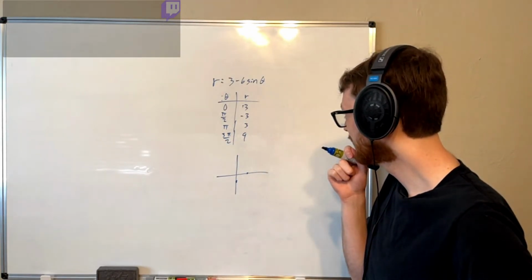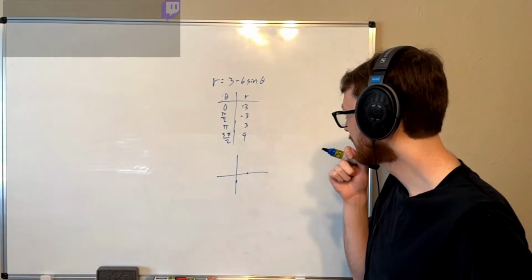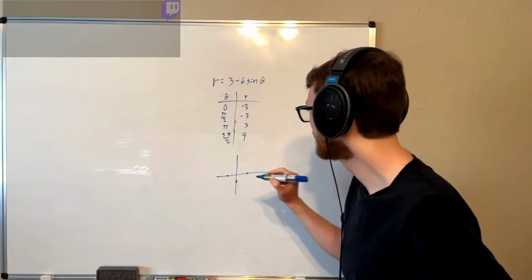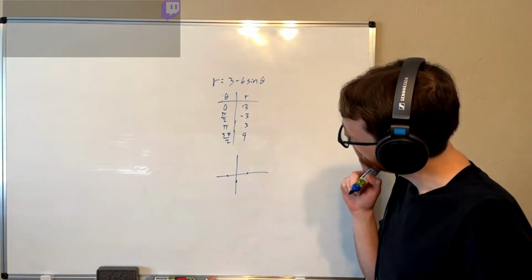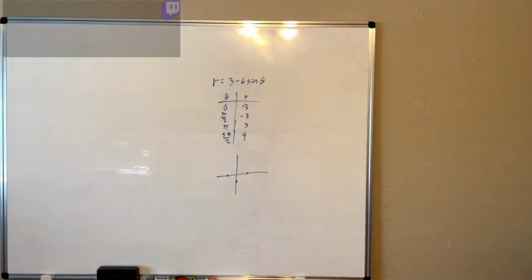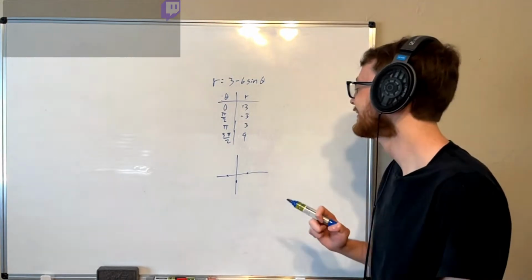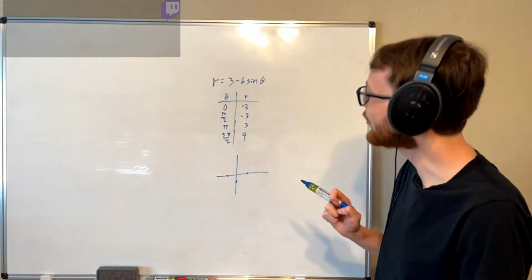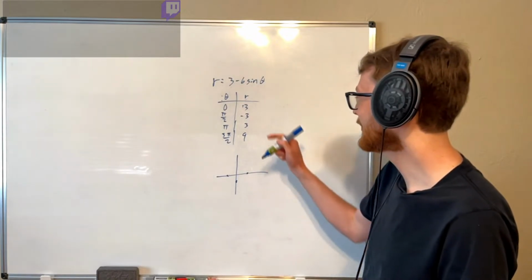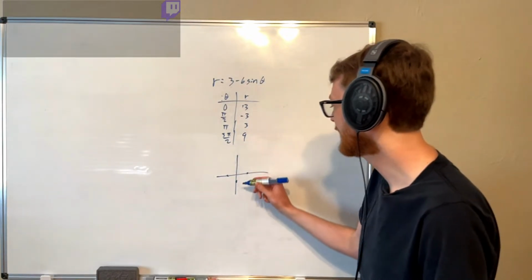Okay. 3 minus 6 sine theta. Oh, yeah, this works out. Okay, and then when theta is 3 pi over 2, down here we get 9.